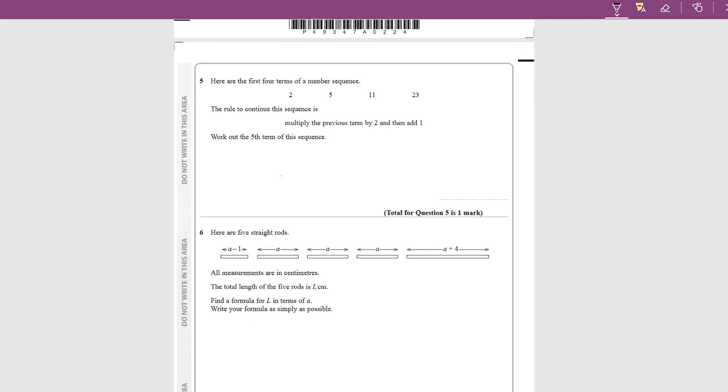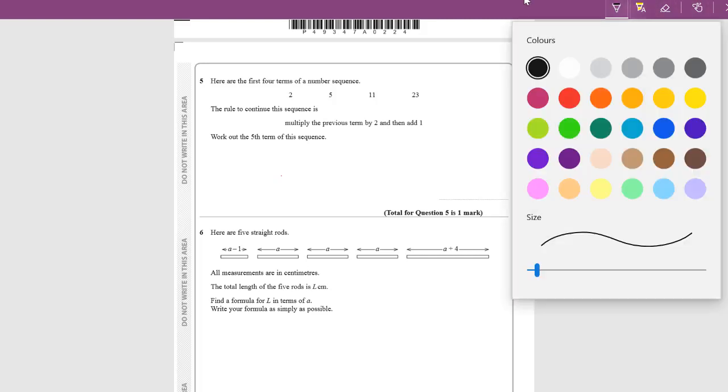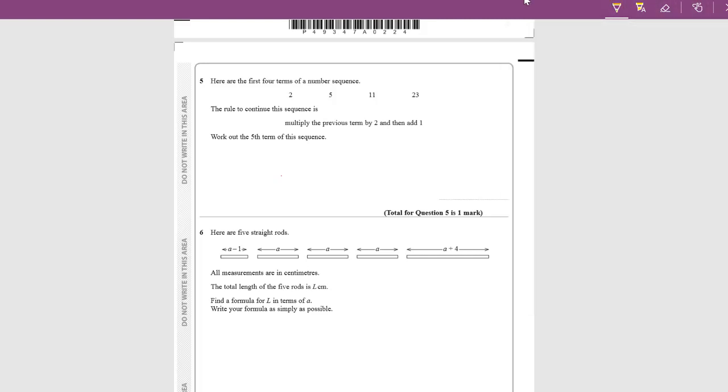Right, question 5 says, here are the first 4 numbers of a sequence, and it gives you the rule, which is multiply the previous term by 2 and then add 1. So work out the 5th term of the sequence. So we can say this is U1, this is U2, this is U3, this is U4, and we want U5.